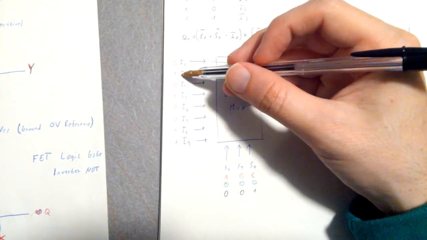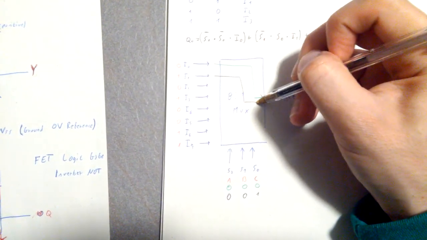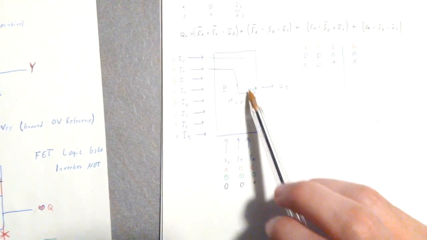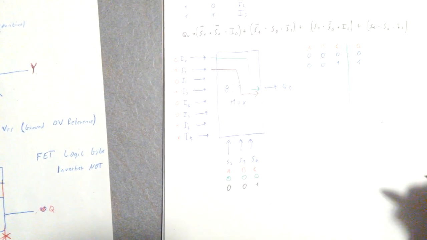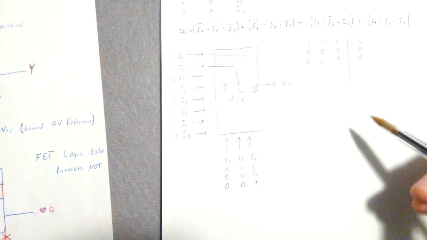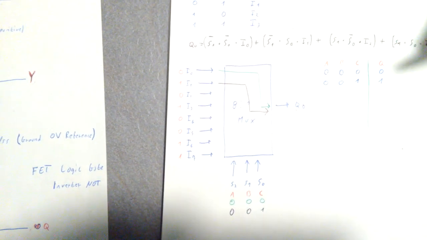Then I'm going to say, okay, this I1 is actually going to go to Q this time. So I'm going to choose I1 to go to Q. So it's pretty straightforward and easy to decide where things are going to go, and to actually design something, because you have a mux, it's way easier.